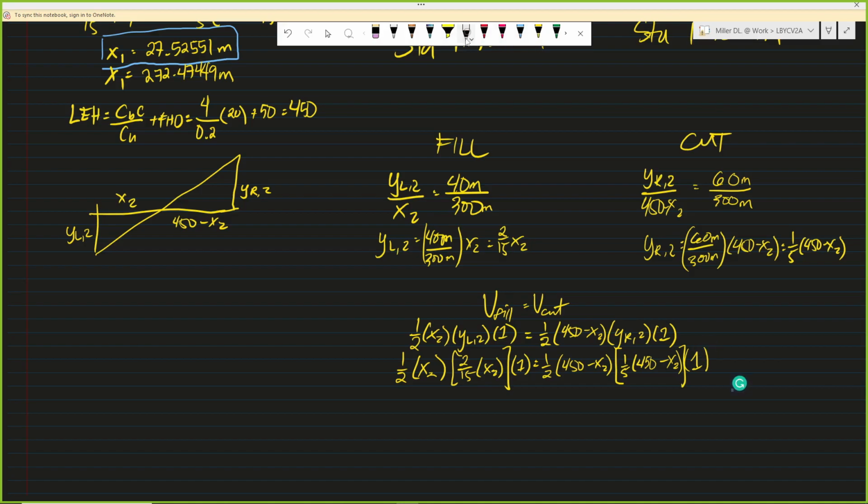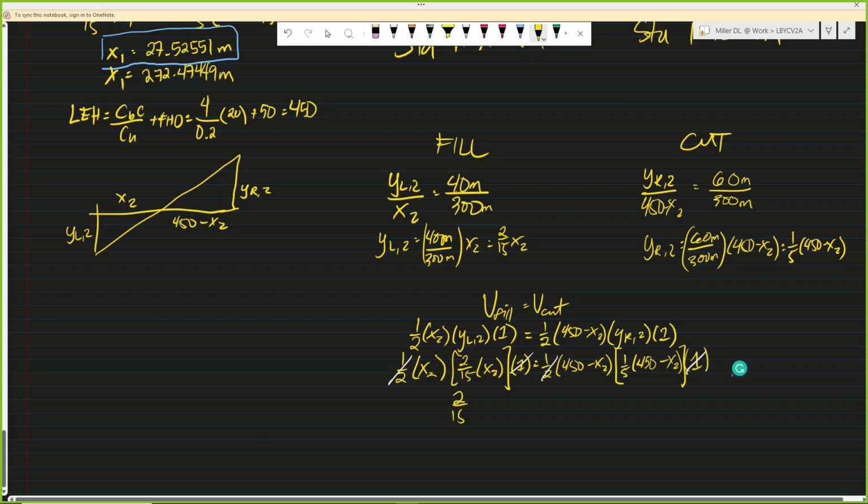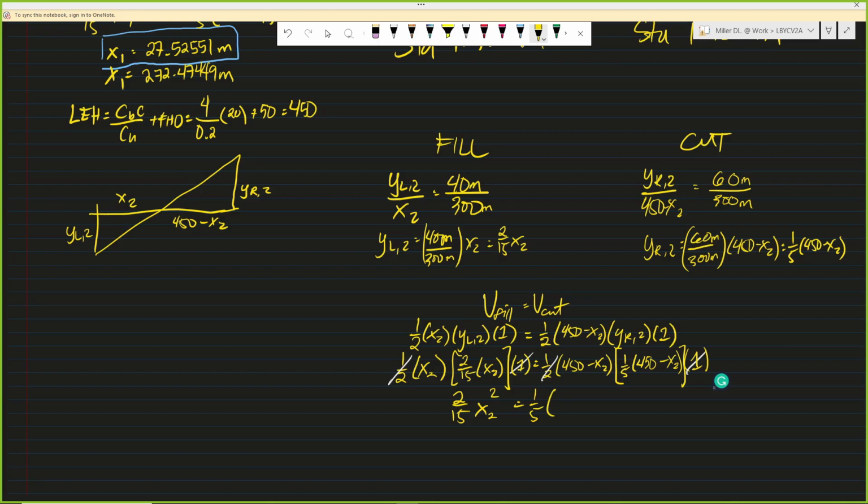And then magka-cancel si 1/2, si 1. Okay? So, ang matitira ay 2 over 15 x sub 2 is equal to 1/5 of, ito naka-square din yan, 450 minus x sub 2 squared.